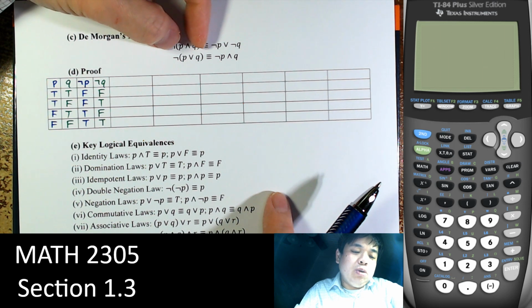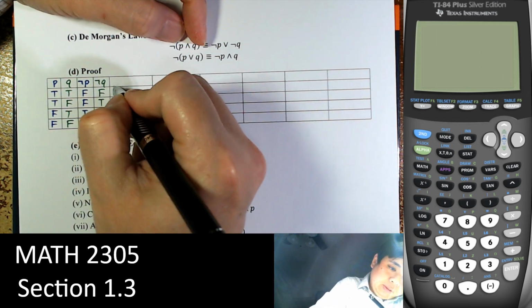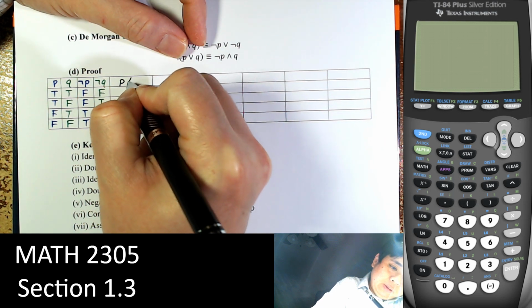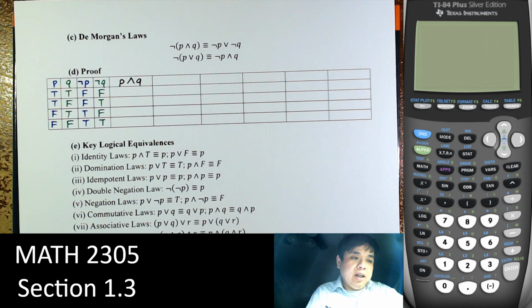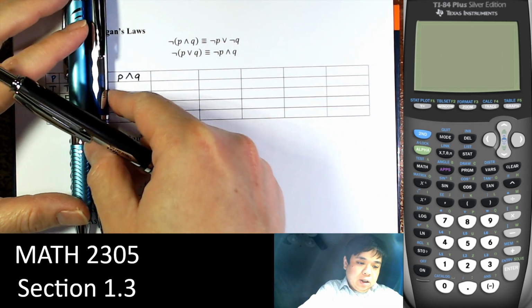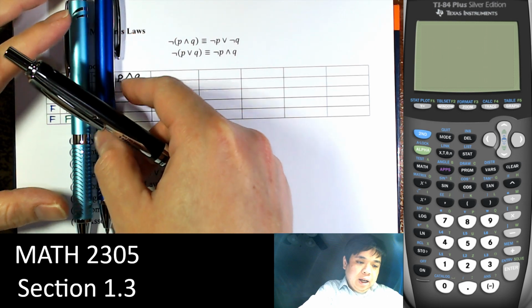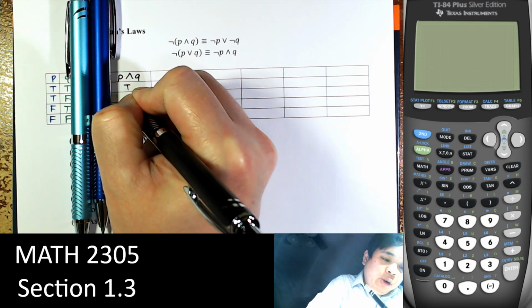So we're just going to do this P and Q. This is the first two columns, and this is AND. So it's true when both of them are true, everywhere else false.